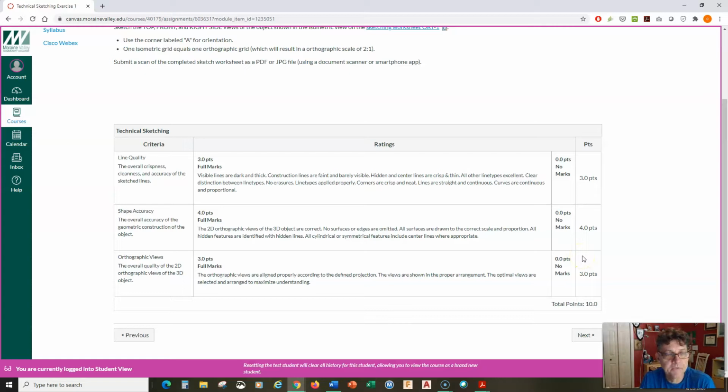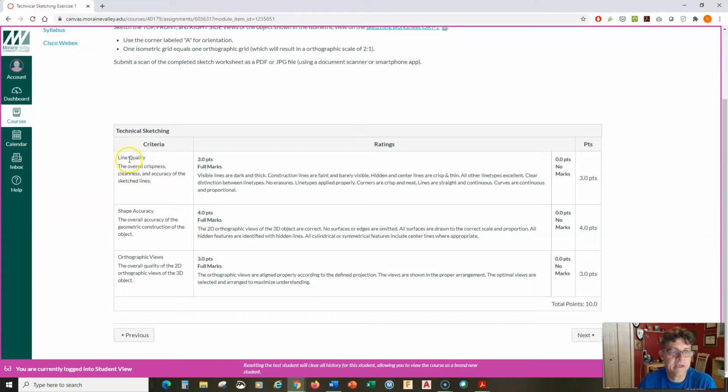In the rubric, you can see that there are 3 criteria that I'm going to be looking at with the technical sketching: line quality, shape accuracy, and orthographic views. I'll leave this for you to read and to understand. Shape accuracy has a little bit more weight, 4 points out of 10.